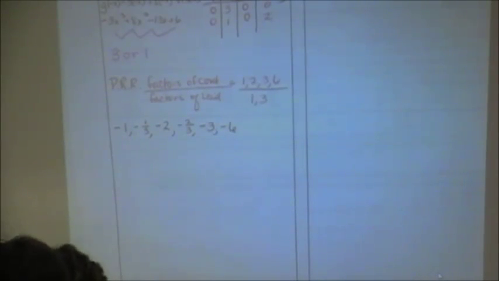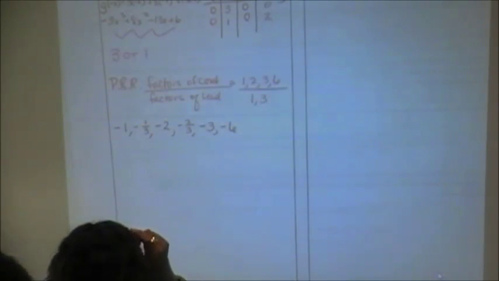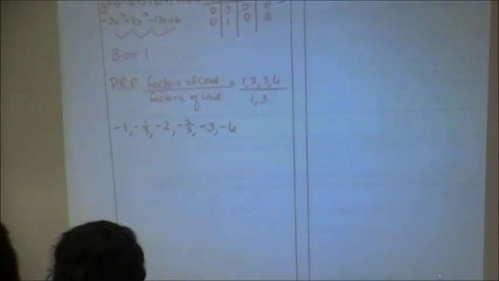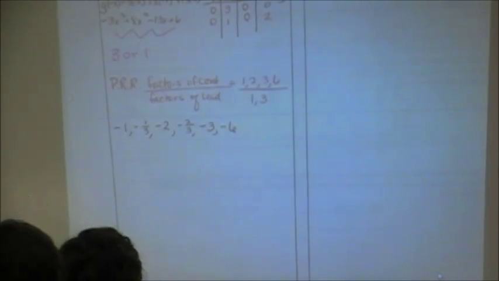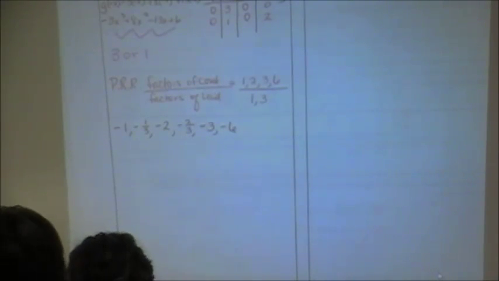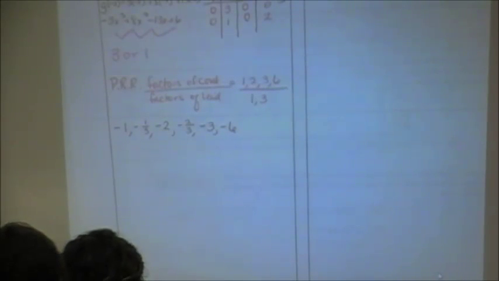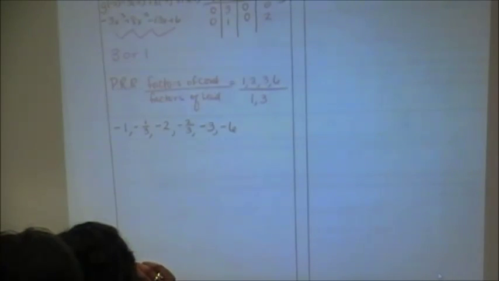Okay, so I'm looking up at my function. What do you guys think? What should we start with? Negative third. I'd probably say -3, but honestly, I really don't know what the answer is.